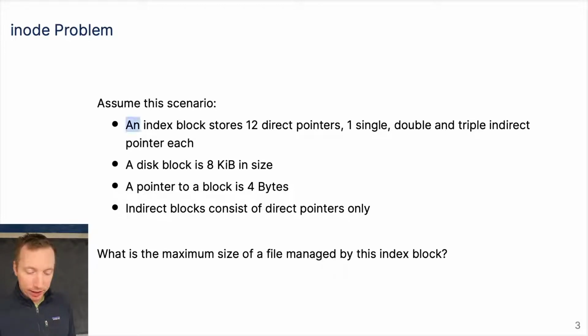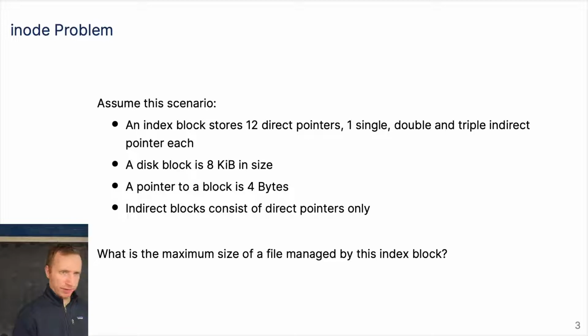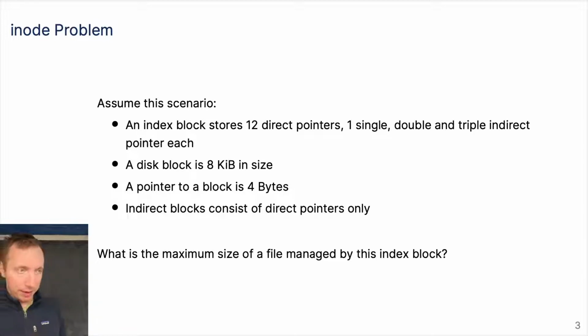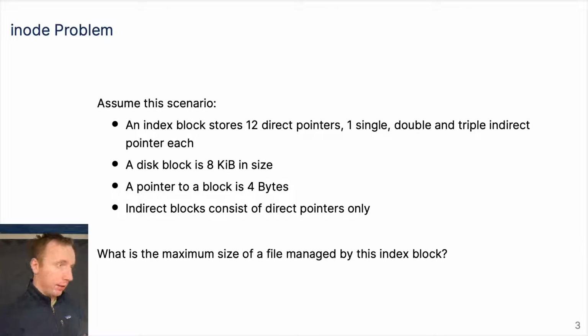In an inode, these are the numbers actually used in Linux. It could move if you create your own kernel, but these are generally the numbers for an inode. It will have 12 direct pointers, one single indirect pointer, 1 double, and 1 triple. So in total, there will be 15 pointers.